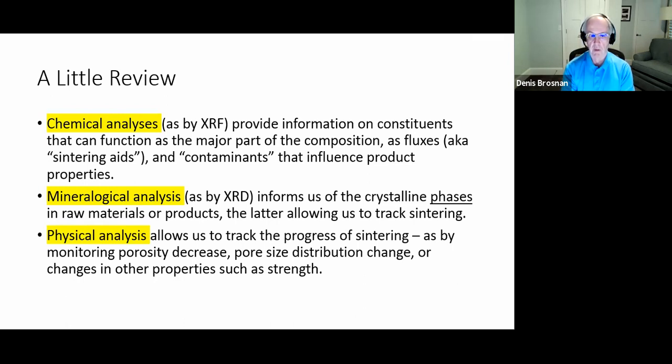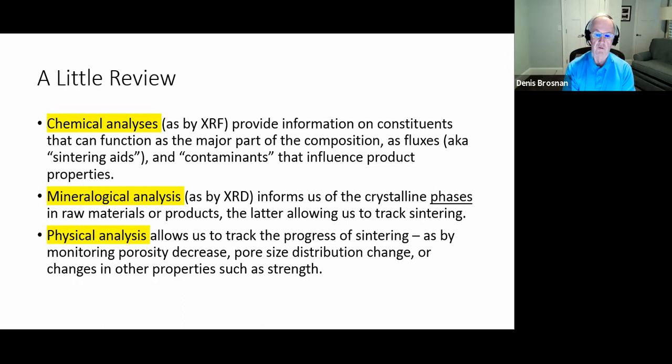Nevertheless, your viewpoint depends on the system you have. In some cases, you might think these fluxes are contaminants. There might be minerals there that you don't want, that particularly give you some problems in firing.